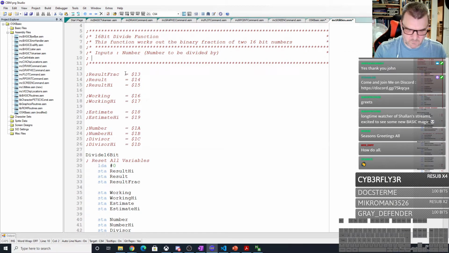And we have got divisor, which is the number to divide by.